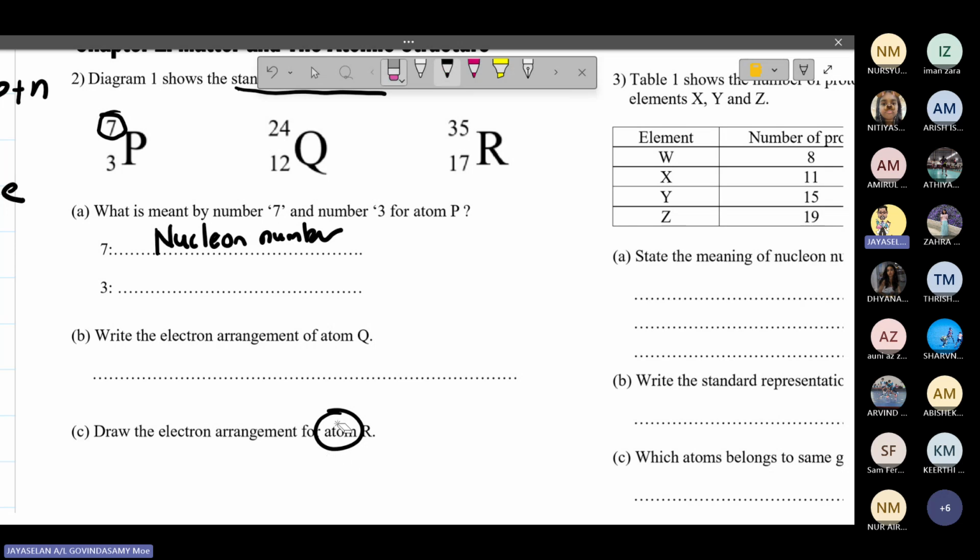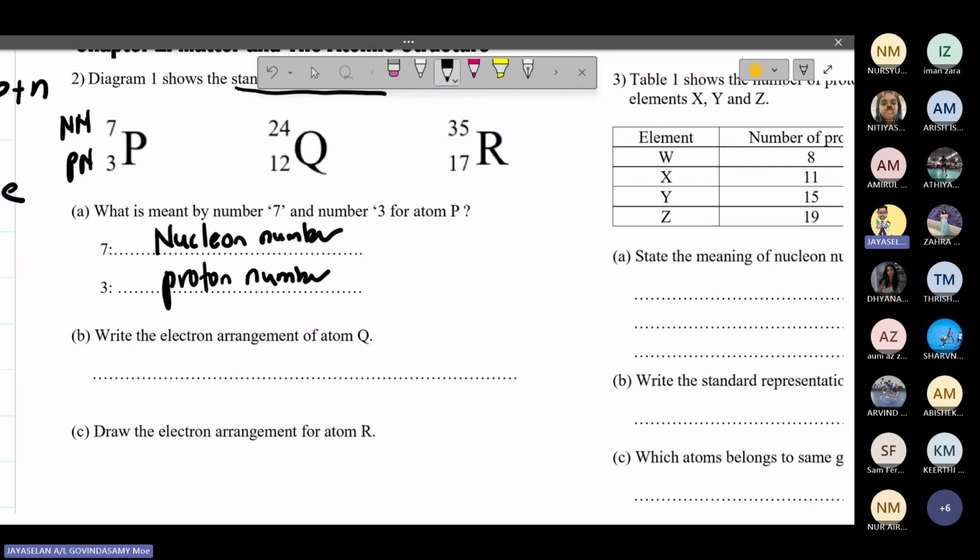Next one you all do. Okay, and the 3 represents what? The 3 represents proton number. Don't put number of protons, put proton number. The terms: nuclear number, proton number. When you get this type of question, you all put NN, PN. So you already score 2 marks.